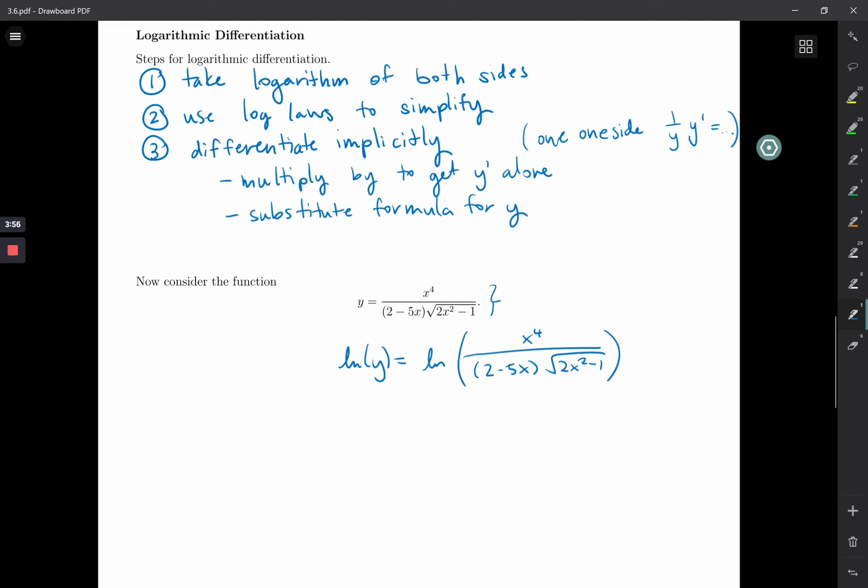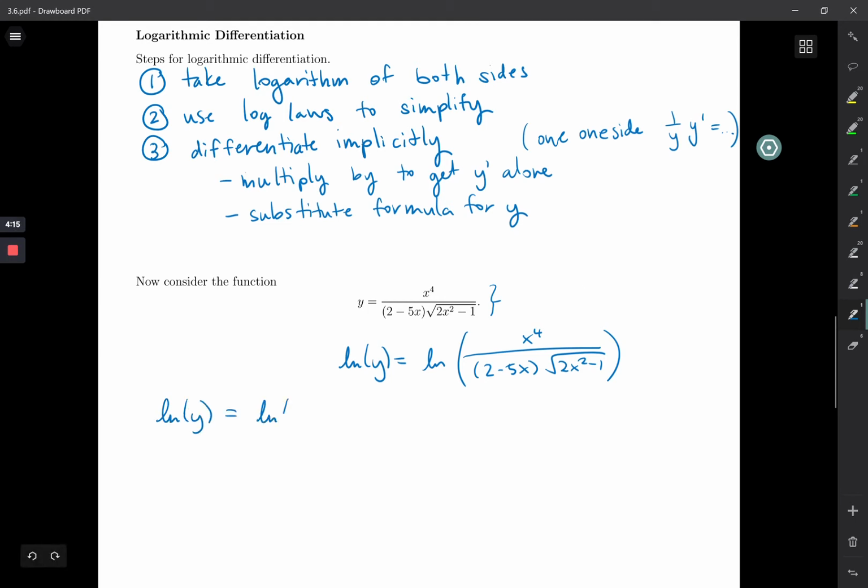If I wanted to use my log laws to make this simpler, I would turn this division into subtraction. That's one of our log laws. I'm going to write this over here because I know I need the room.